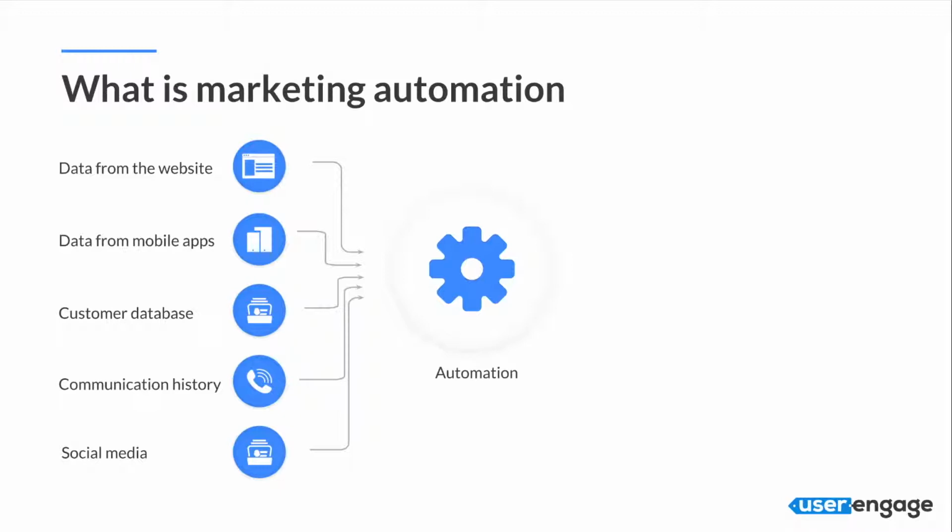And then there's this automation part. And it's also quite complicated, because you see, there might be different types of automations. I think the most simple one is an if this then that scheme. So you just say, if someone visits my page, then send him a message.